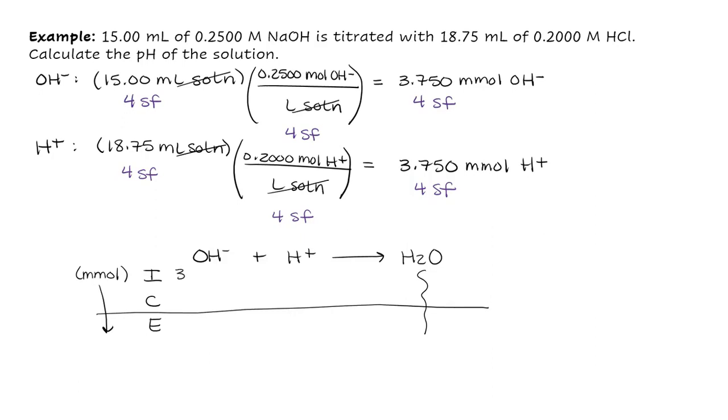So filling in the values, we have 3.750 for hydroxide, 3.750 for hydrogen ion, and we'll subtract 3.750 from each reactant. That gives hydroxide going to 0 and hydrogen ion going to 0. And when both values are at 0 in the E row, that tells us that we're at the equivalence point. And for a strong acid or a strong base titration, that gives us a pH of 7.00.